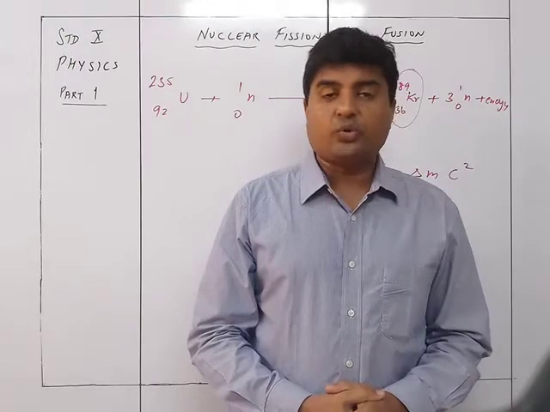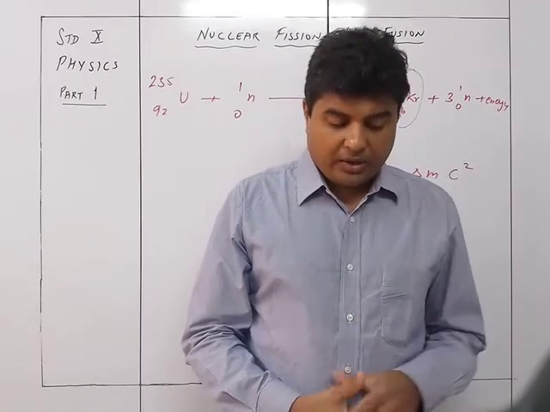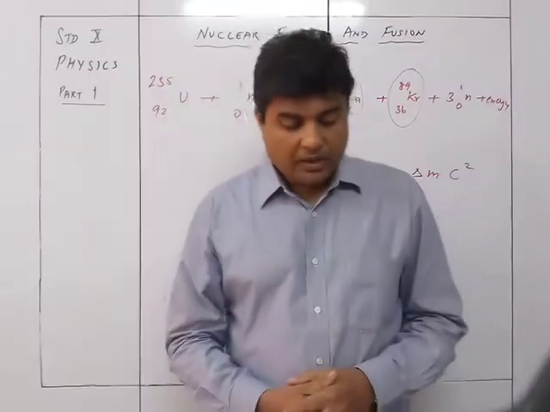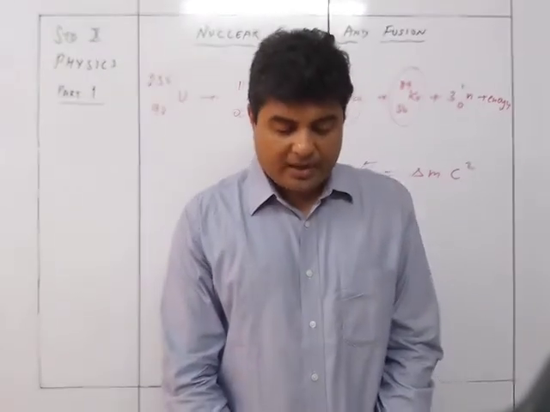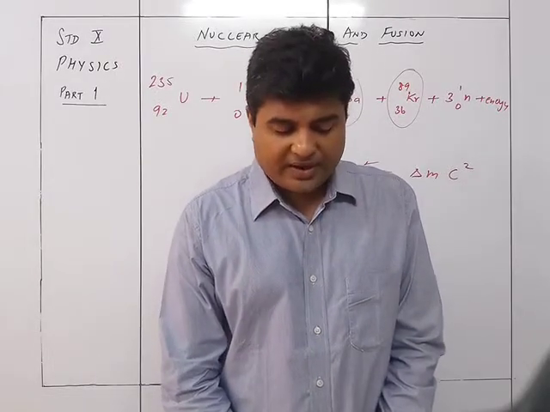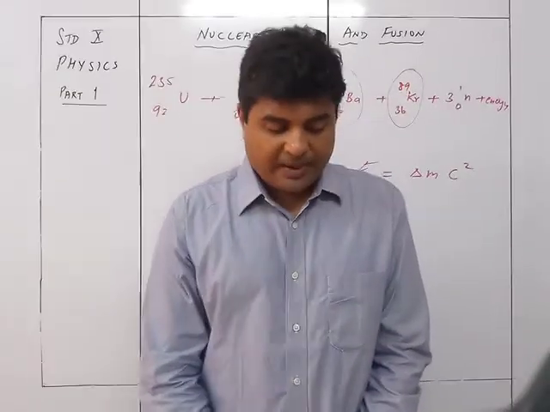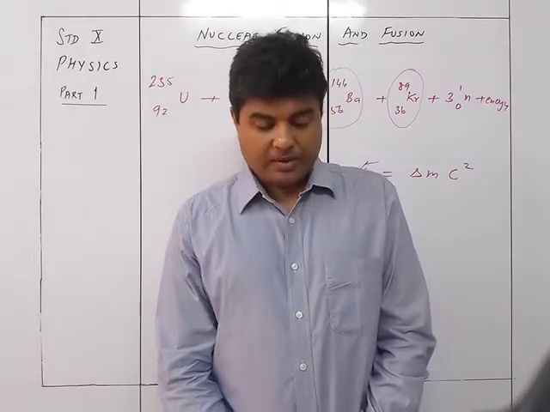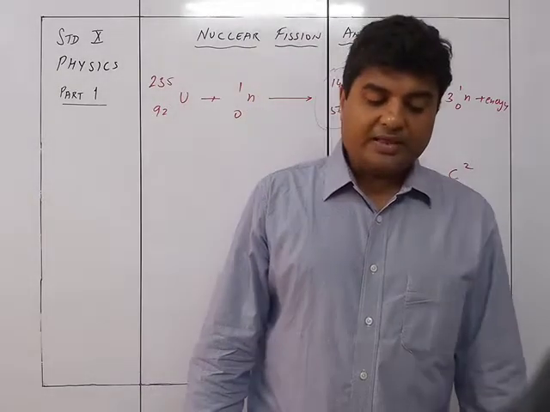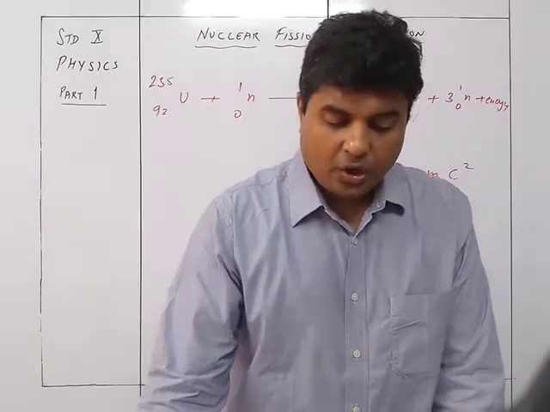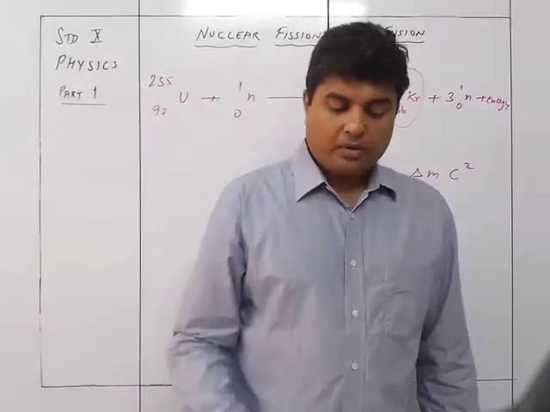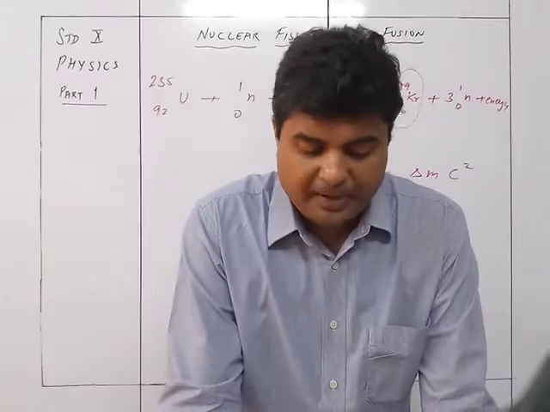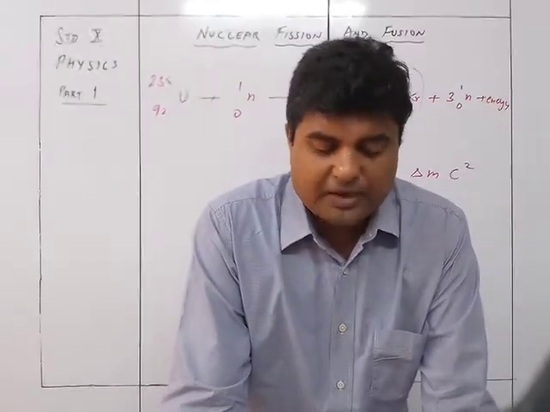Consider the fission reaction: uranium-235 plus 1 neutron. If we take the mass of neutron as 1.01 AMU, mass of uranium-235 as 234.99, barium-144 as 143.87 AMU, and mass of krypton-89 as 88.90 AMU, then the loss of mass in fission reaction of one nucleus equals mass of uranium plus mass of one neutron minus mass of barium plus mass of krypton plus 3 neutrons.